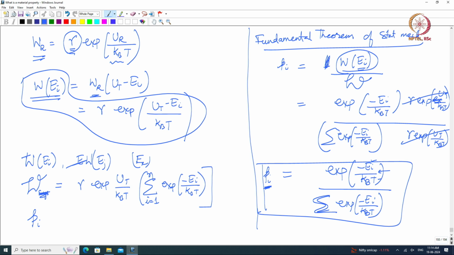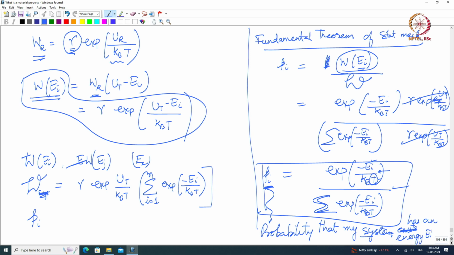So what is the probability that my system has an energy Ei, that is given as Pi, right. So I can look at this probability as the probability that my system, now I have come back to system, I do not care about surrounding anymore, all the information about surrounding has come through this T, right. So the temperature of the heat bath, okay, that my system has an energy Ei.